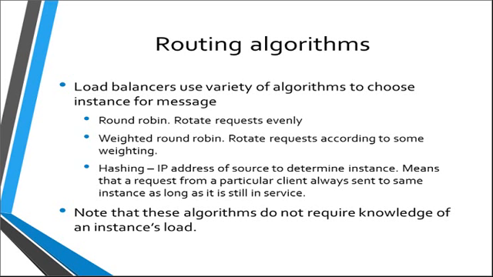It could do hashing, so the IP address of the source is hashed to determine which instance it gets. What this means is that if you get two requests from the same client, it goes to the same server. This is not necessarily desirable from a reliability point of view. But these algorithms, from the load balancer's point of view, don't require knowledge of an instance load. That's a different process that we'll talk about in a minute.